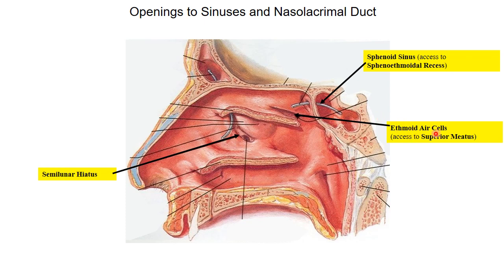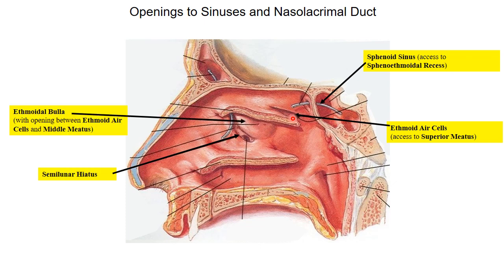Posterior ethmoid air cells have an opening right here into the superior meatus. The hole is not really grossly visible, but it would be right about here. So there's one opening here in the sphenoethmoidal recess, the sphenoid sinus, and an opening to some of the ethmoid air cells here in the superior meatus.